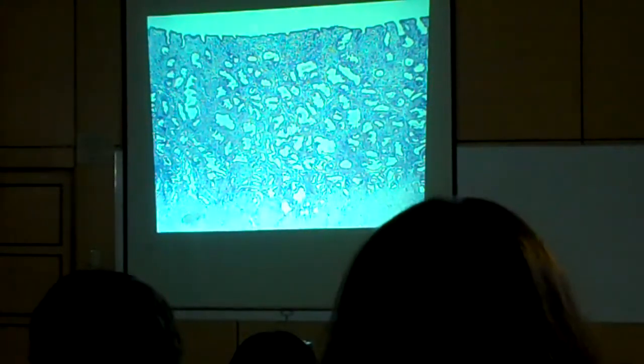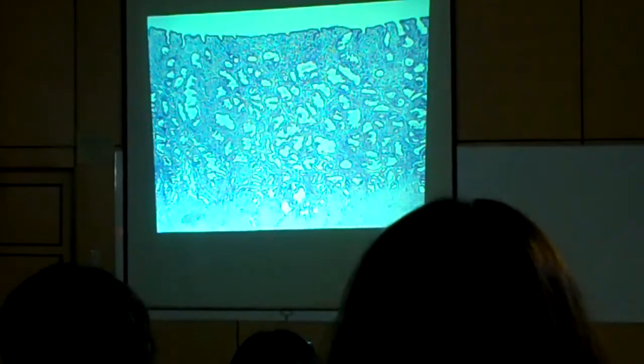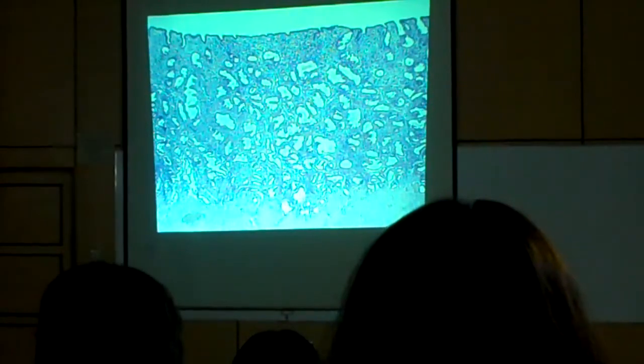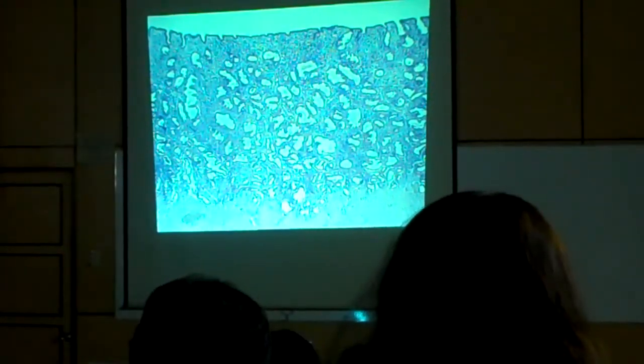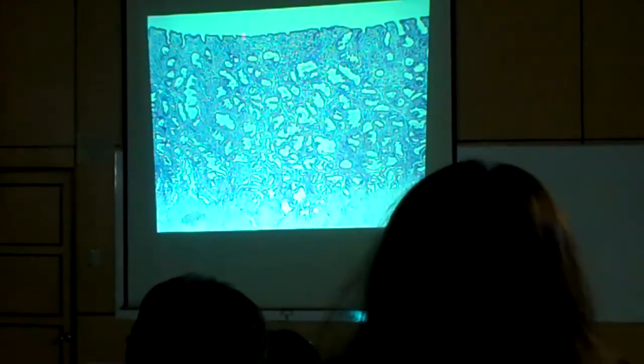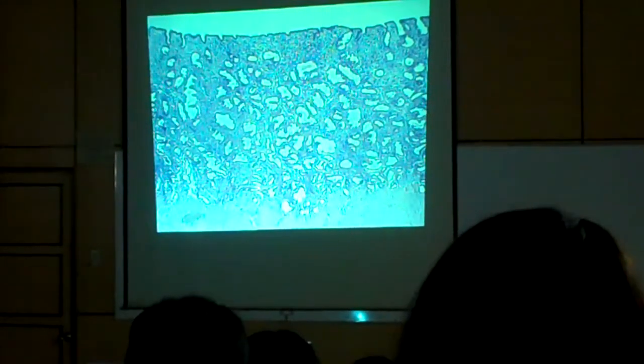Okay, identify the organ. Uterus. Okay. This is the uterine corpus or simply the uterus. Okay, you have here a layer of endometrium, and below is the myometrium.